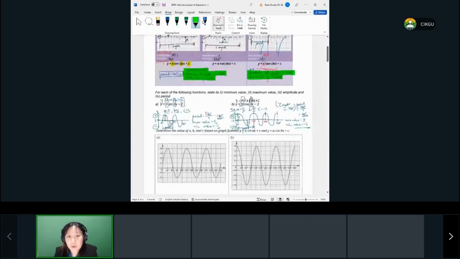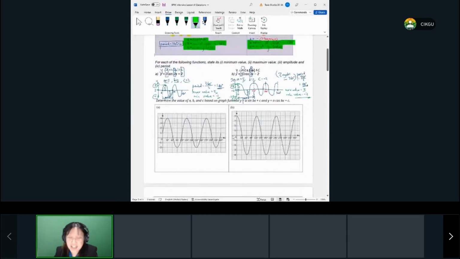Okay, so let's look at another style, which is like this. This one, they gave you the graph, but then you are supposed to form the equation. Unlike the two examples that we did, where they gave you the equation, asked you to sketch the graph, and then asked you for the min, max, period, and all that. This one is the other way around, but it's okay, no worries.